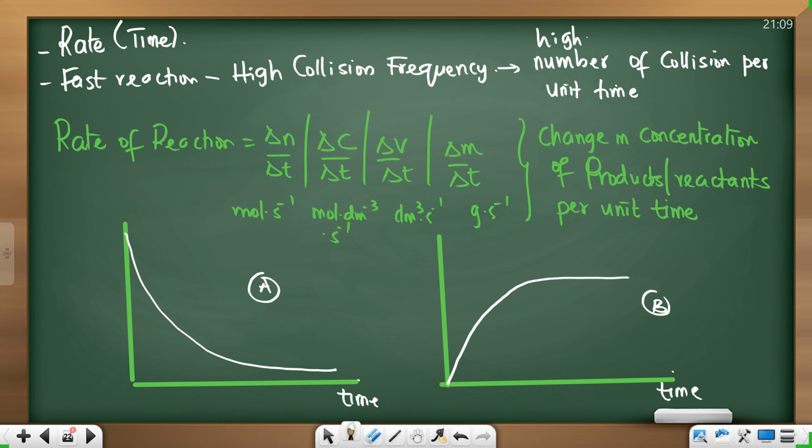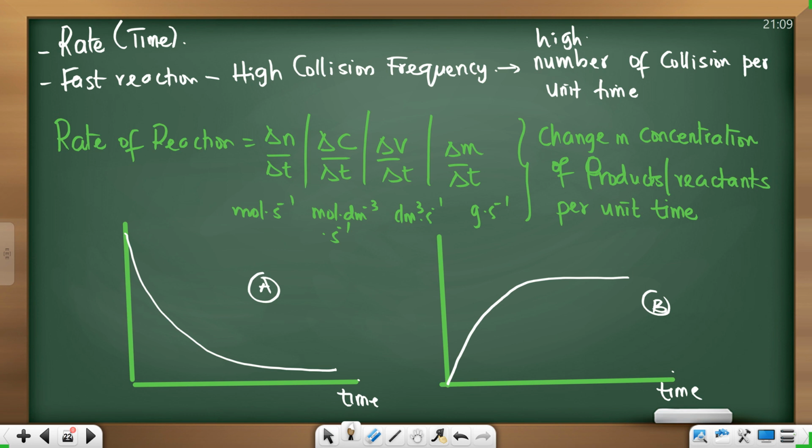Yes, you may. So graph B starts at 0, and then it increases, and then at a certain point it reaches equilibrium. Don't use the word equilibrium. Equilibrium only occurs when you have a reversible reaction.